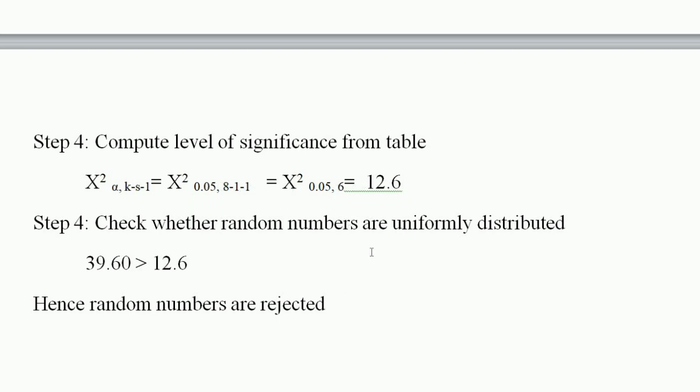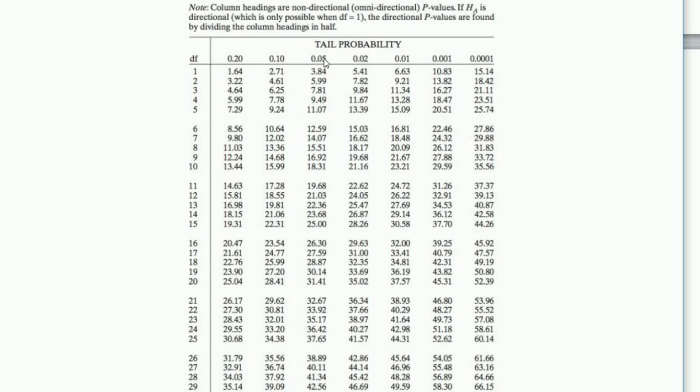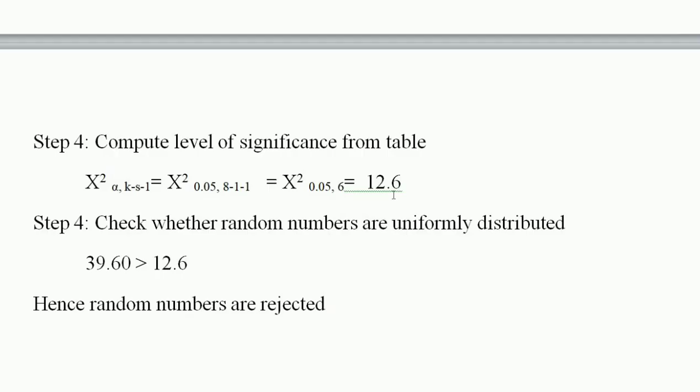So let us see the value in the table, that is 0.05 comma 6. So here is the table, the alpha value 0.05 is here, and the 6 is here. In this row, 12.59 is there. So enter the value over here, 12.59 or 12.6. If you want, you can write 12.59 itself. So 12.59 is the critical value.